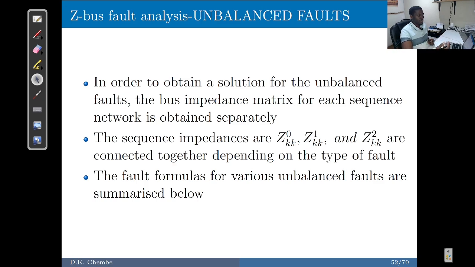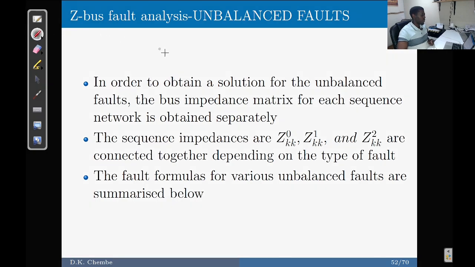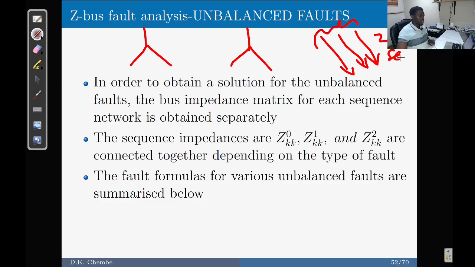in order to obtain the unbalanced faults, the bus impedance matrix has to be for each sequence. Now, when we looked at symmetrical components, you've got the 3 sequences, okay? You've got the positive sequence, the negative sequence, and the zero sequence. So you've got your current variables here. This is the zero sequence where your currents are equal.